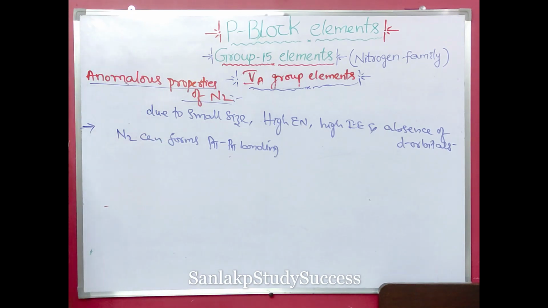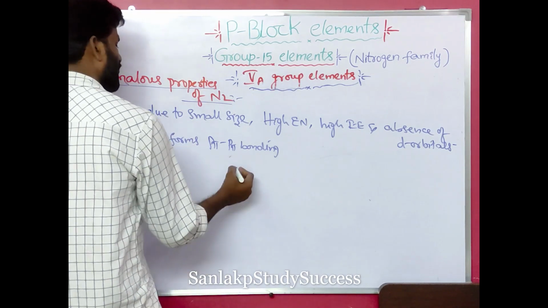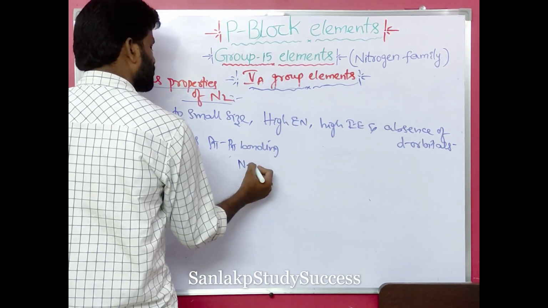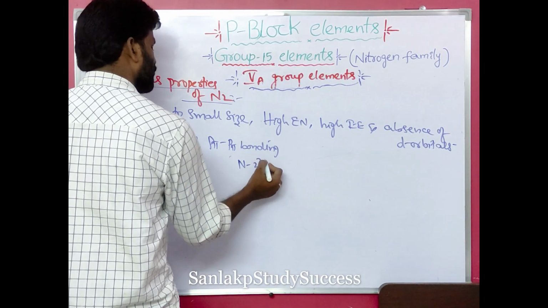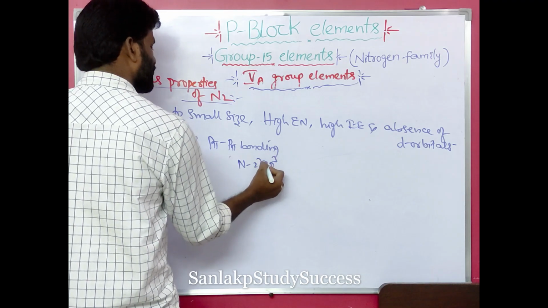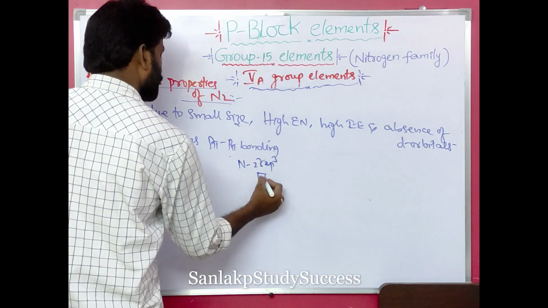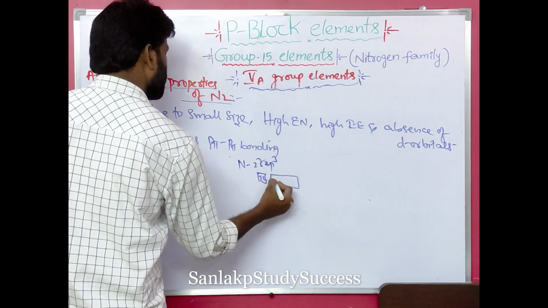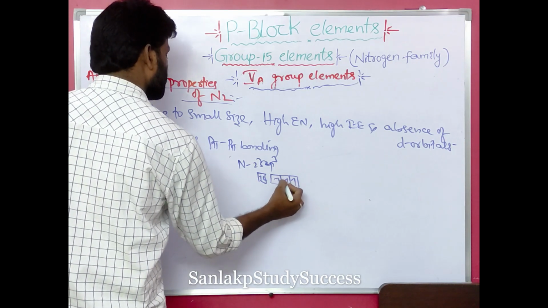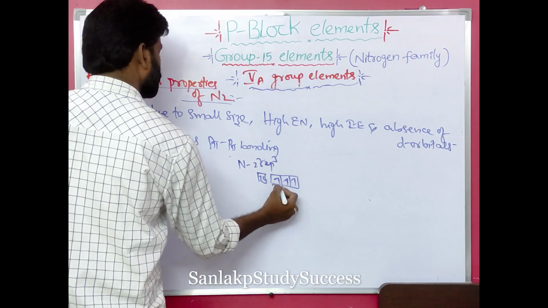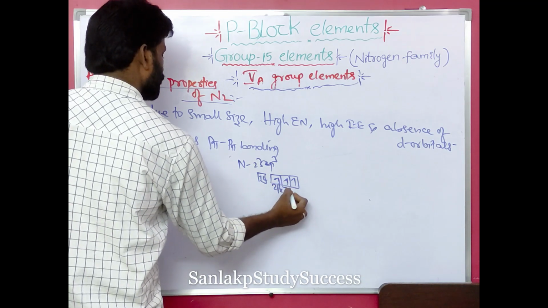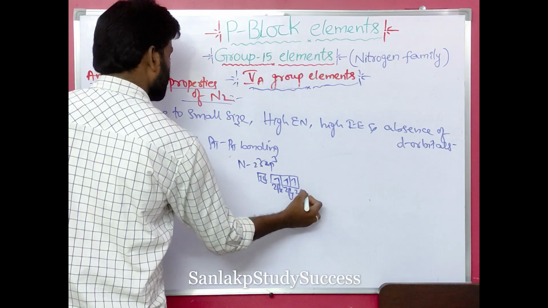So what is p-pi bonding? We know nitrogen's outer electronic configuration is 2s2 2p3, containing 3 single electrons: 2px, 2py, 2pz.